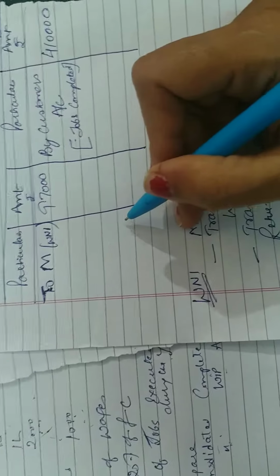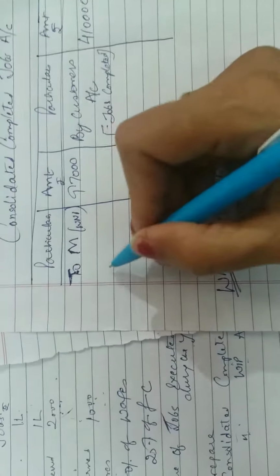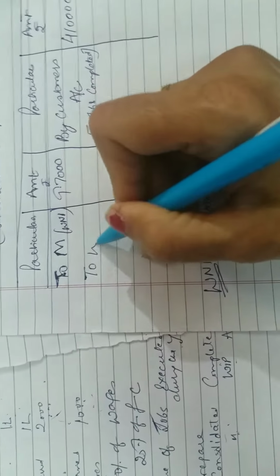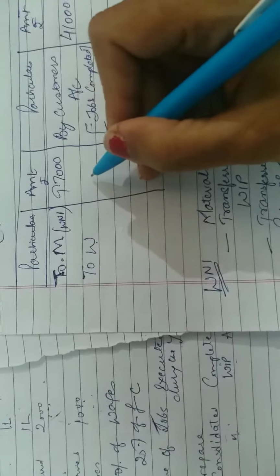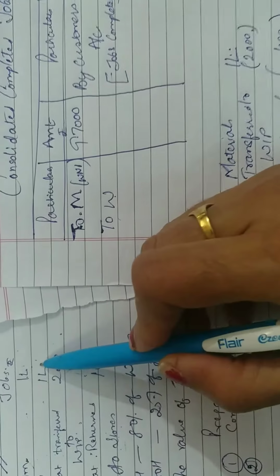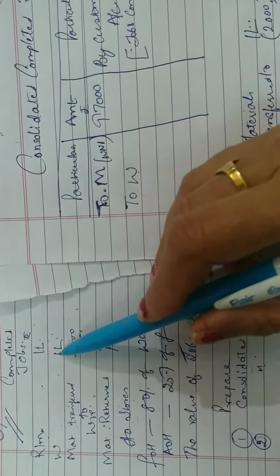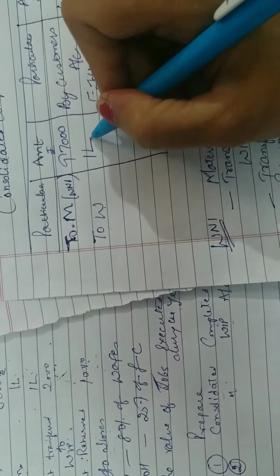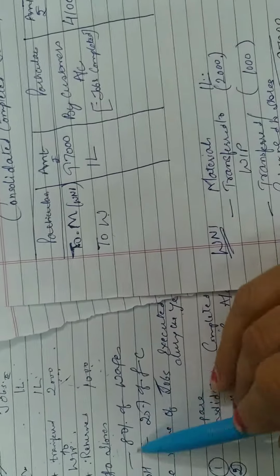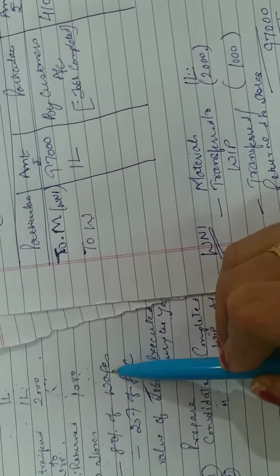Then the next is, as we do in cost sheet, the similar way to material then to wages. How much wages are given in the question? Wages are also given 1 lakh. You can see wages are 1 lakh. Now factory overheads, they were a percentage, 80% of wages.